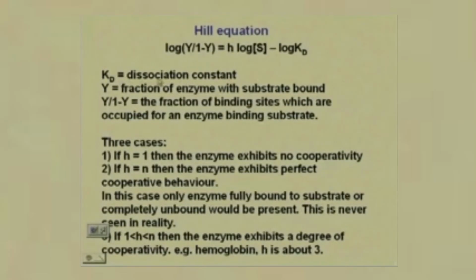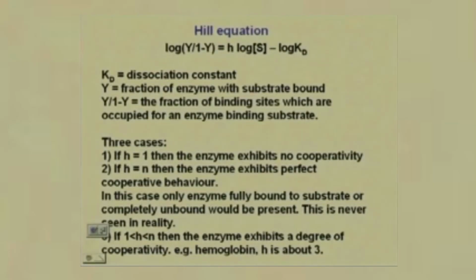The Kd is the dissociation constant and H is a factor that actually gives us some information about the type of binding. Okay? If this H is equal to 1, it means that there is no cooperativity. What does cooperativity mean?